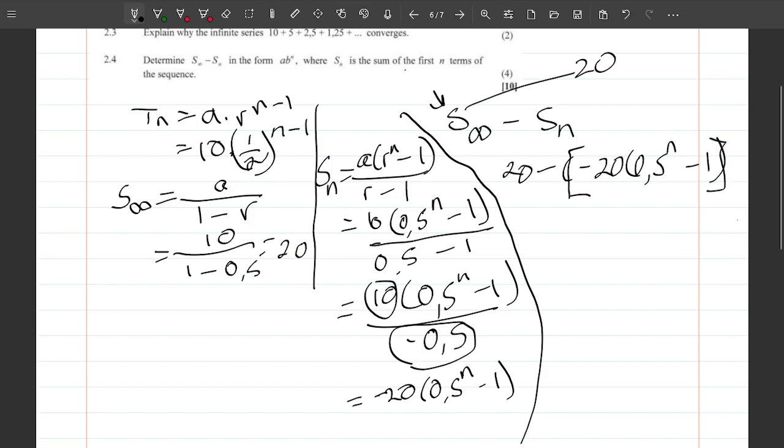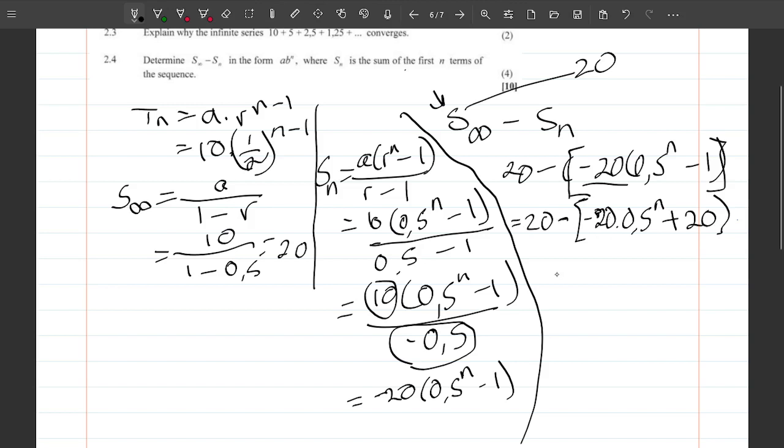Then let me simplify this a little bit further. So I still have 20 minus, and then this negative 20 minus this thing there. I'm still inside this bracket: negative 20 multiplied by 0.5 to the n, and the negative 20 multiplied by negative 1 is positive 20.